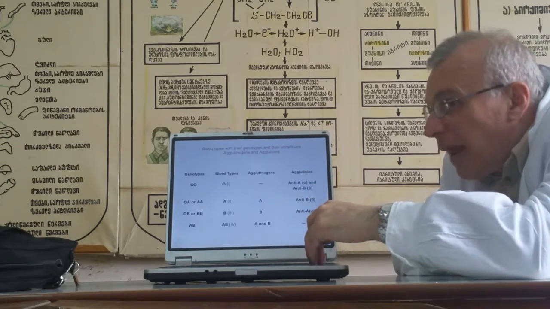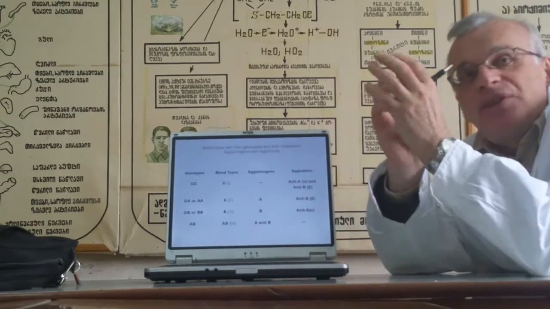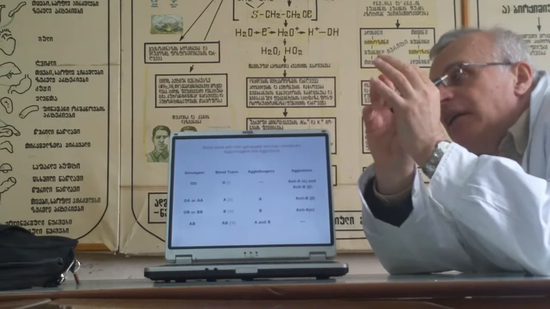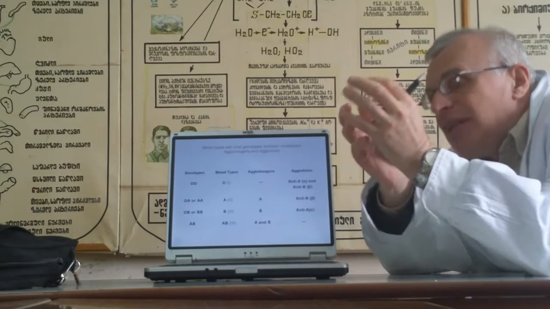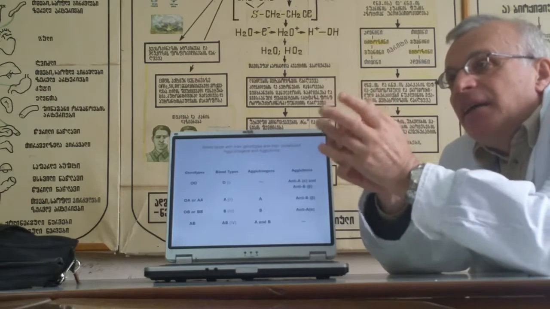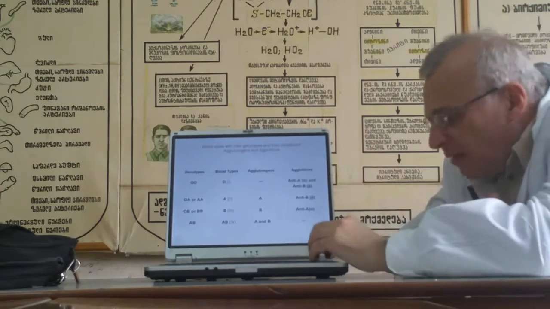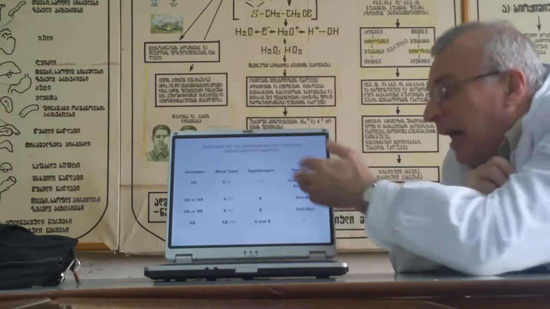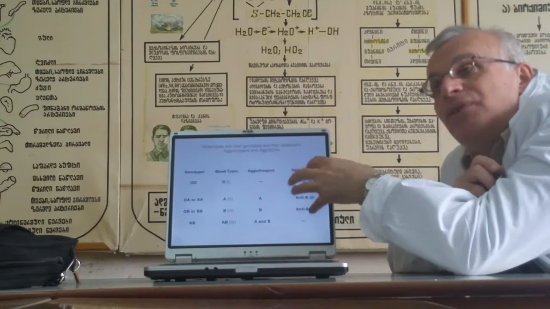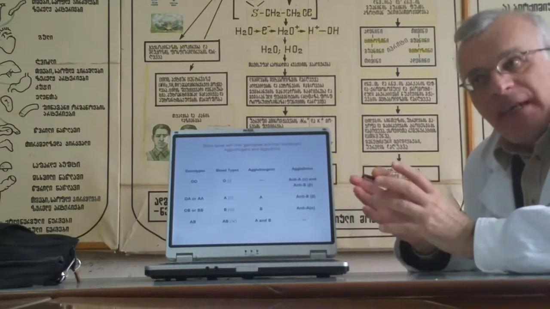Sir, what are agglutinogens? Agglutinogens are around erythrocytes, like proteins, like antigens. And agglutinins are like antibodies, the immune reaction between them.